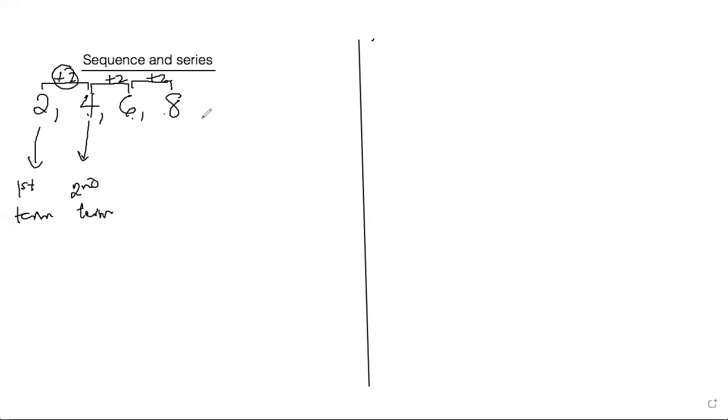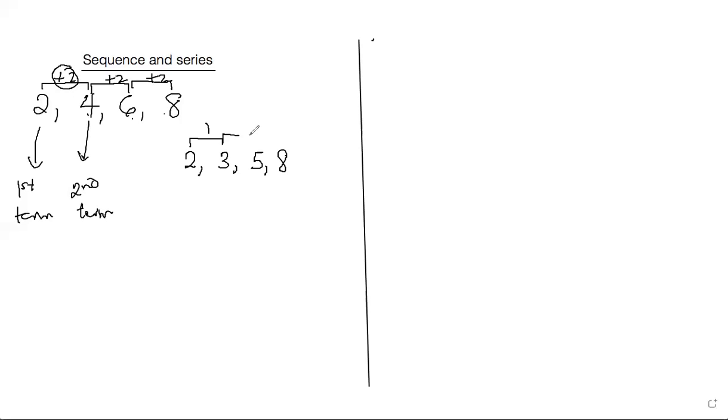So what is important here is that you have a list of numbers and you can figure out a pattern. Sometimes the pattern might not be constant. For example, if you have 2, 3, 5, 8, if you look at the pattern here, for you to get the next, you add 1.